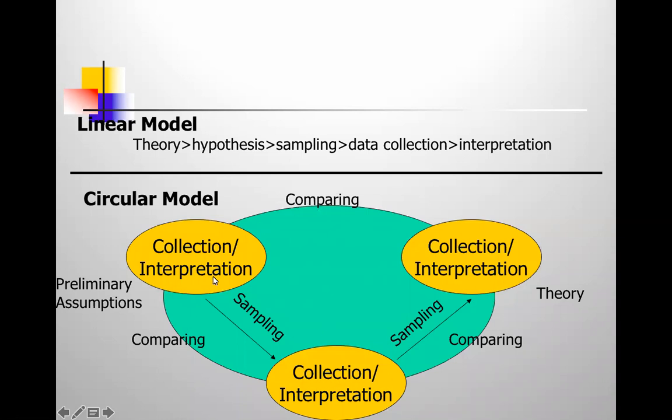And it might go around and around like this several times before, on the other end, theory begins to develop from all of those samplings, data collections, and interpretations. You might go around the circle 3 times, 4 times, 5 times, 10 times, until something emerges.